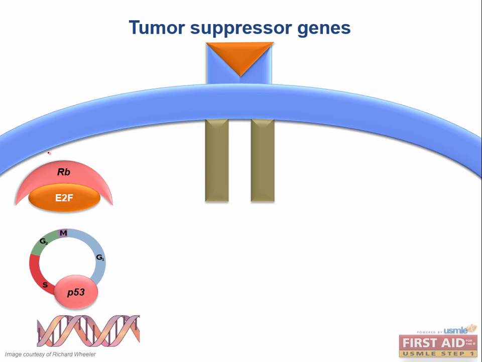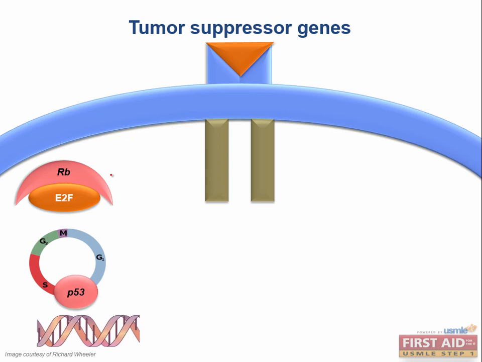And what does that do? P53 is on chromosome 17, and by the way, RB is on chromosome 13. P53 acts as a gatekeeper of the cell, and it ensures that all mutations are corrected before the cell can progress to the DNA synthesis phase, the S phase.